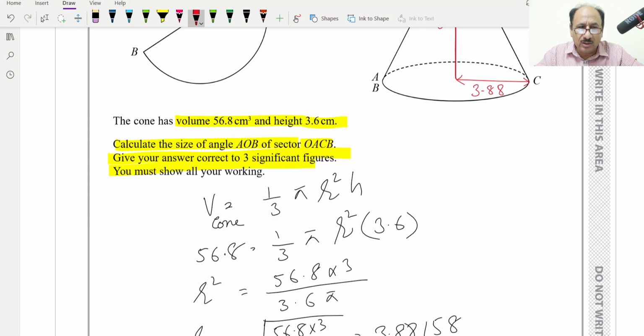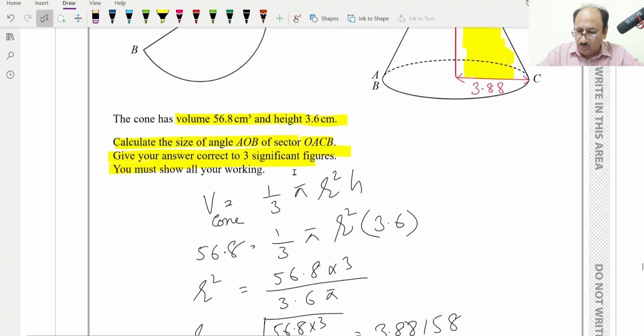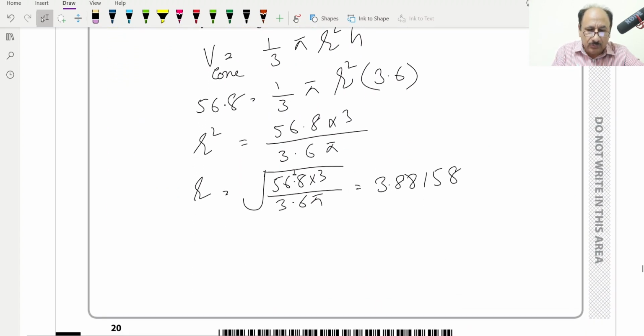Hopefully you are understanding everything. Now we can find the sloping height. Now we will be considering this triangle, and in this triangle we will be finding the sloping height, which is this side. So we can find this side, OC, which will be equal to the sloping length. So I will write OC. OC will be equal to, we'll be applying the Pythagoras theorem.